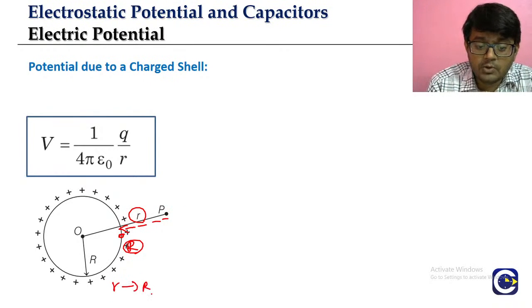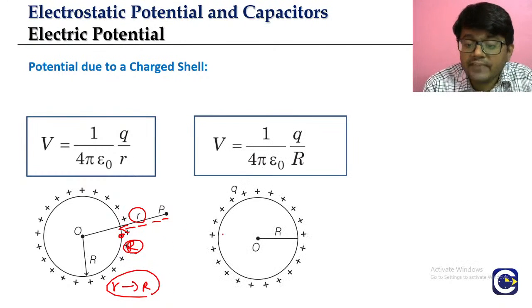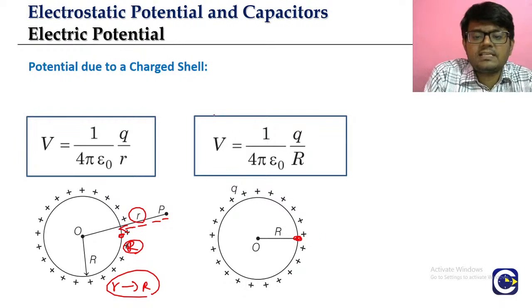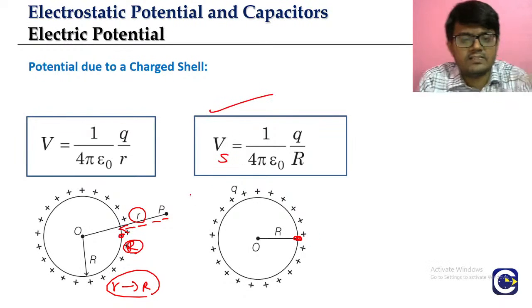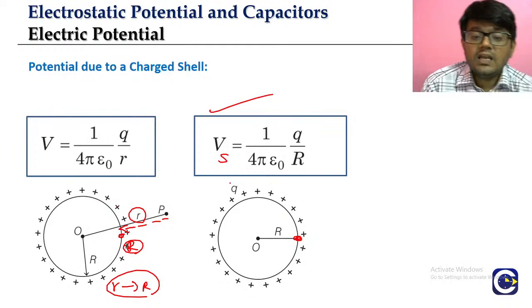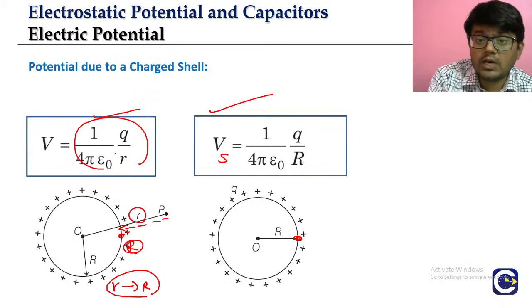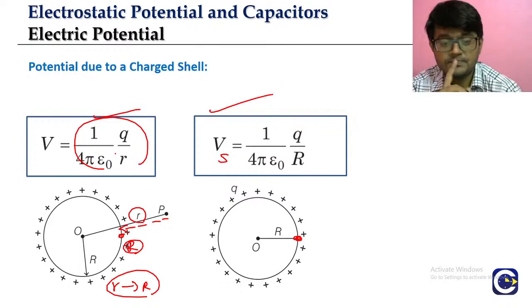The smaller r value will approach capital R. So what is the potential on the surface of the shell? As it is in the formula, the small r will become capital R. So 1 by 4 pi epsilon naught q by capital R.